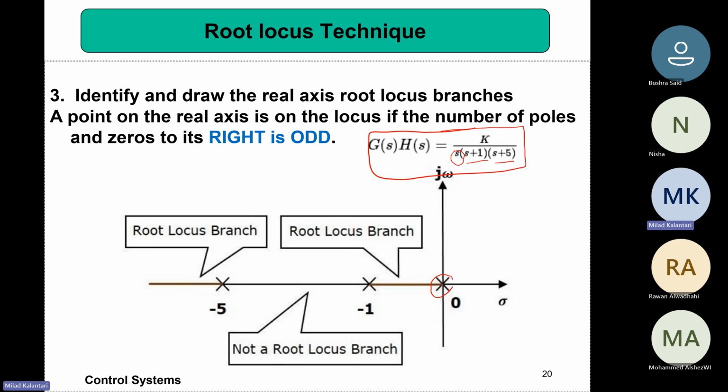So we want to know where the closed loop roots can go. There is a technique. First of all, we try to find the locations on the real part of the S. We want to know in the real part of the S which locations are possible to be the root locus.